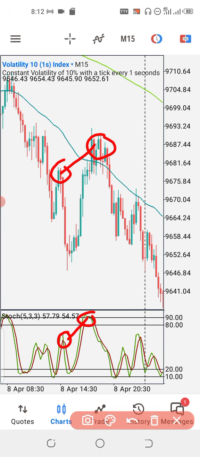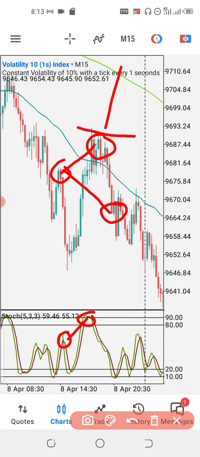My price has continued going up, guys. So I advise you not to enter this kind of divergence. If you are entering, make sure that the divergence goes this way. It shows that it's not going in the same direction.